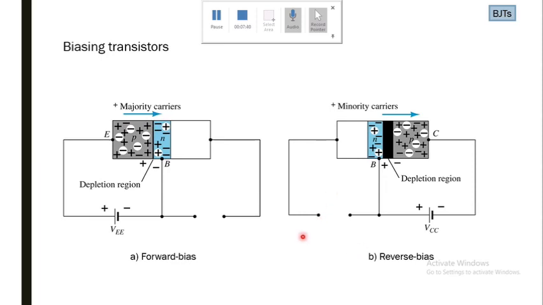Now if we ignore the base-emitter junction and look only at the base-collector junction, which we have to make reverse biased, we connect the negative terminal of the VCC source to the collector and the positive terminal to the base.